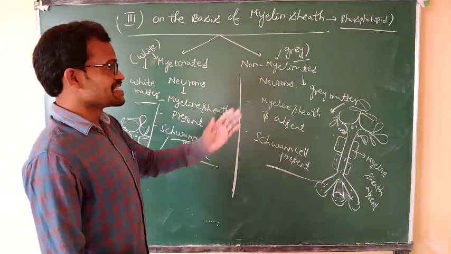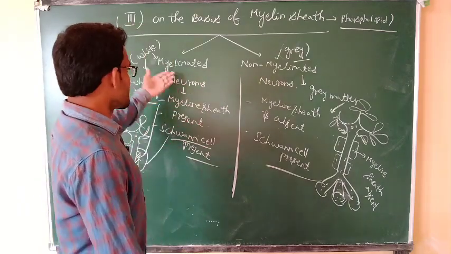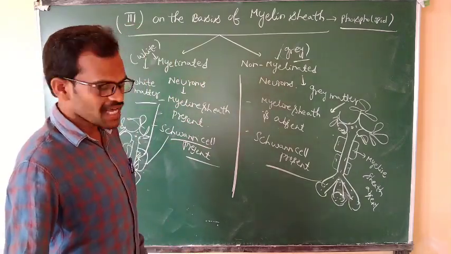Myelin sheath is present or absent: absent means it is located in the grey matter, present means it is located in the white matter.